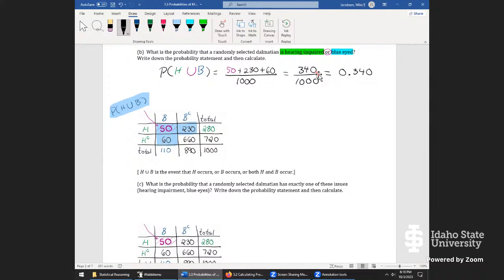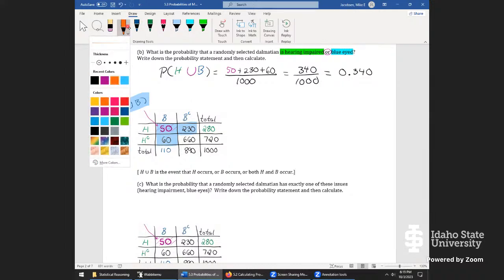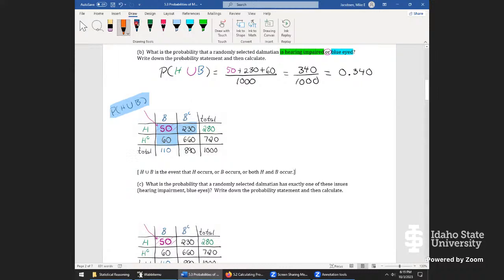Okay, the problem didn't ask for it, but let's put down an interpretation on this as well. I'll put it in orange because it's not a required part of the problem.